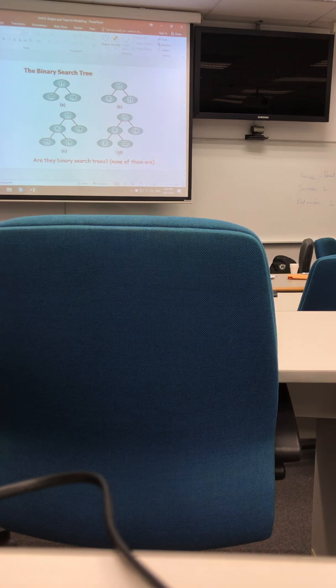Then why is this one not a binary search tree? Left side is less, right side is more. Under 17, this is the 17 left subtree. Left subtree means the subtree rooted at the left child. 6 is the left child of 17.